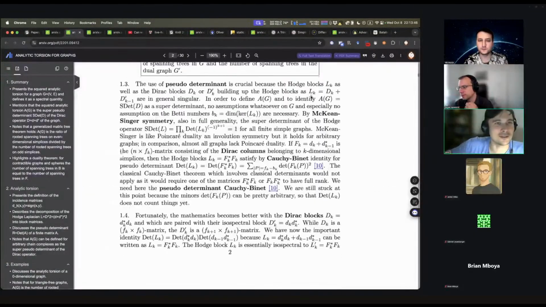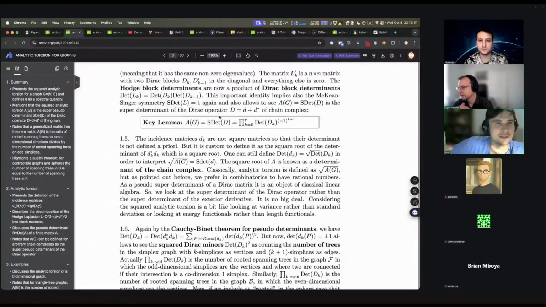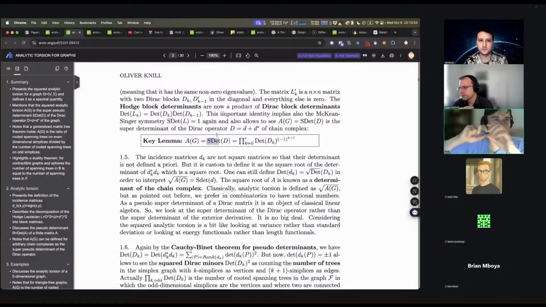And this is some kind of super determinant of the Laplacian. So basically, you take the Laplace blocks in different dimensions, and you compute a super determinant of that.